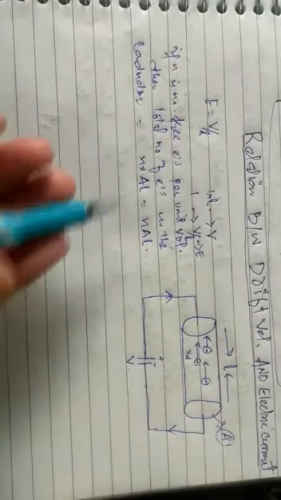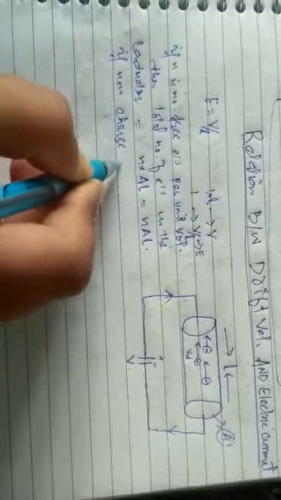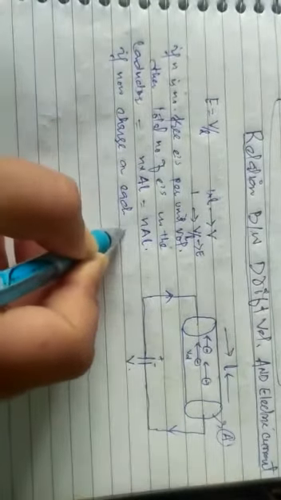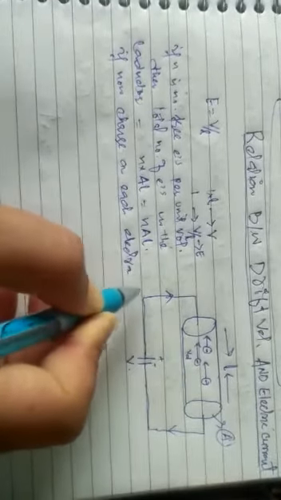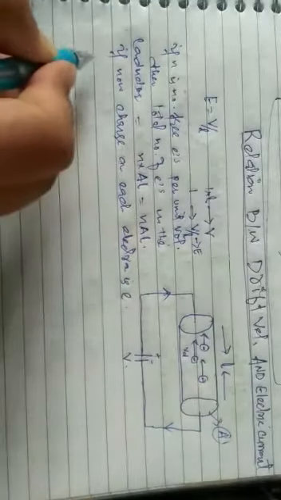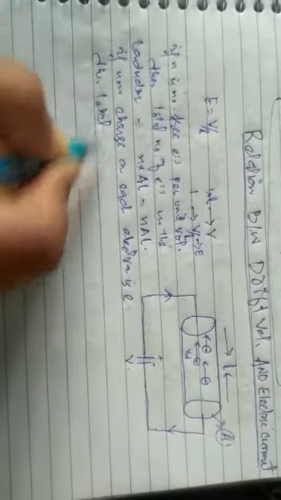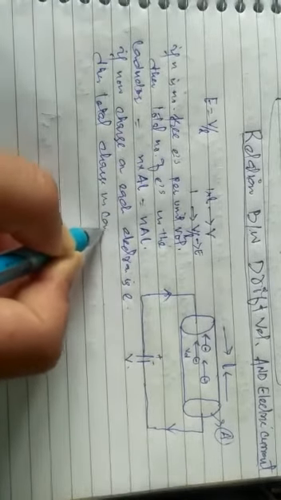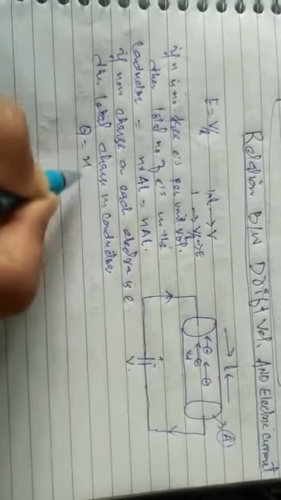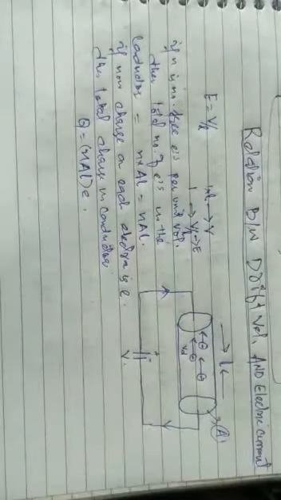Now if the charge on each electron is e, then the total charge in the conductor is Q equals nAL into e.